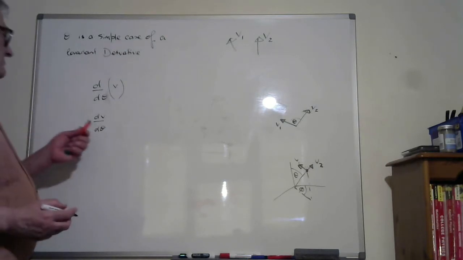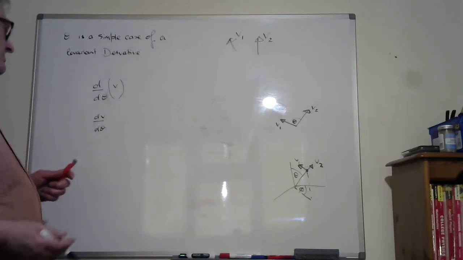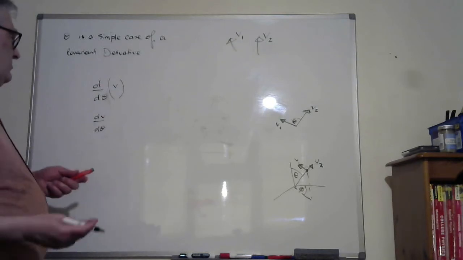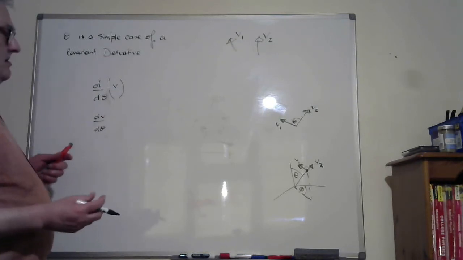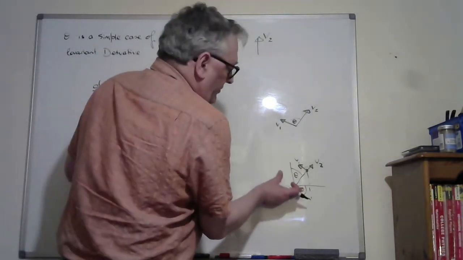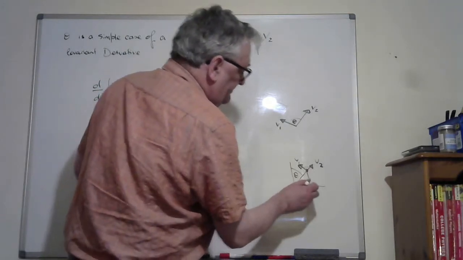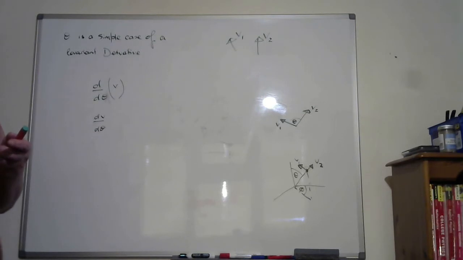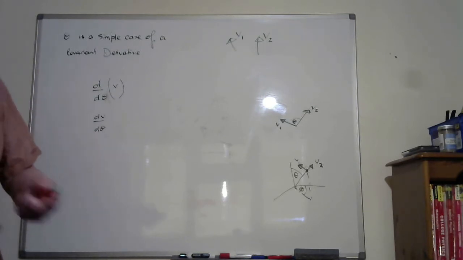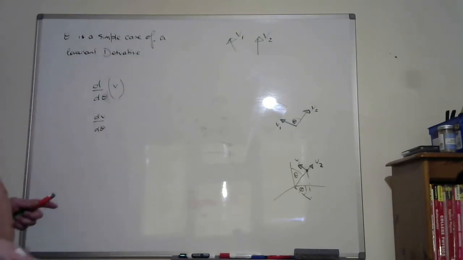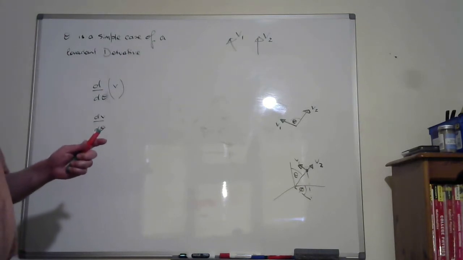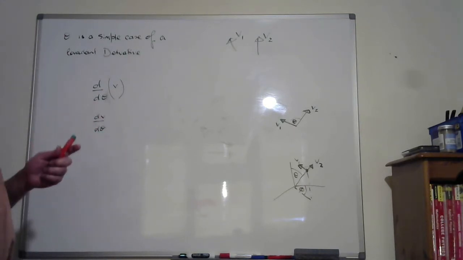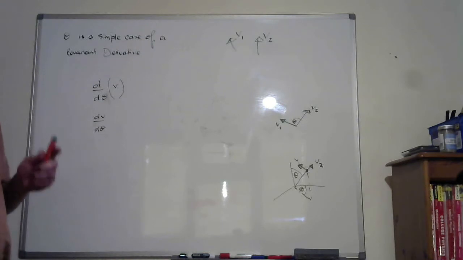But what you would want to do would be to lump all these coordinates, like the thetas and phis, the u1s, the u2s, the x1s, the x2s, lump them all up into one standard form of notation.